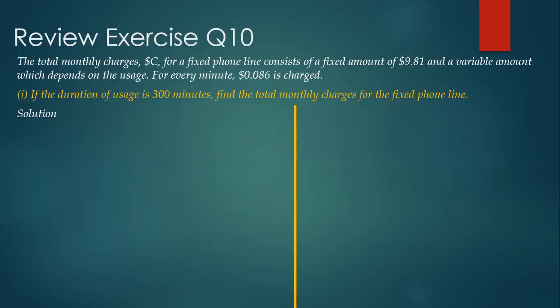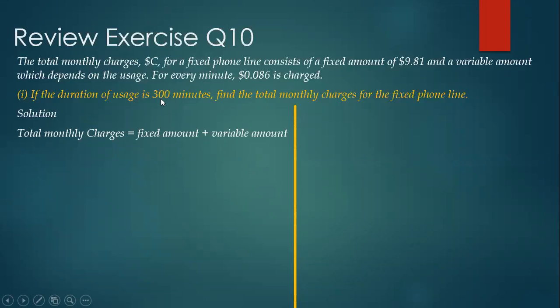All right. So you know that total monthly charges depend on two things. One is the fixed amount, and the other one is the variable amount. And this variable amount we get by multiplying the per minute charge with the total number of minutes that I use, and it keeps on changing. That's why it's variable.